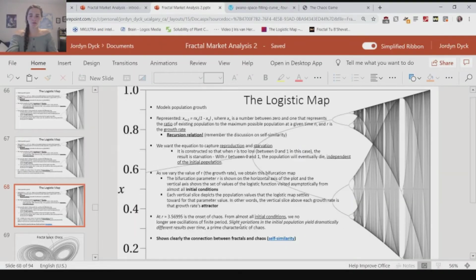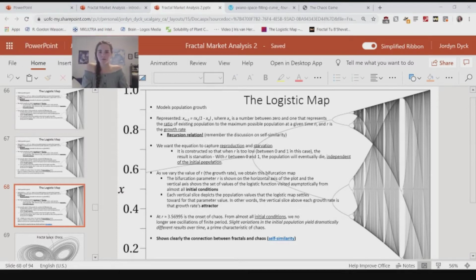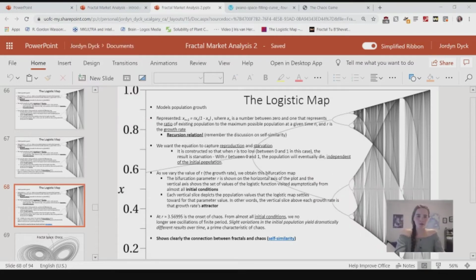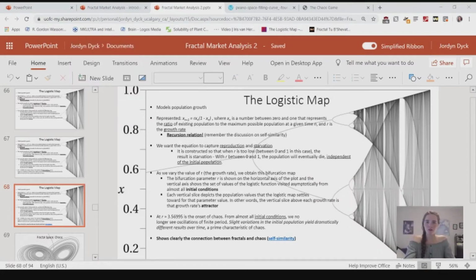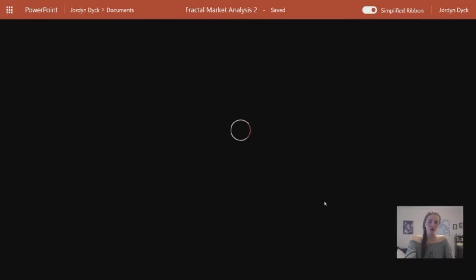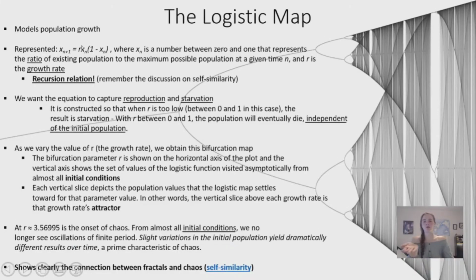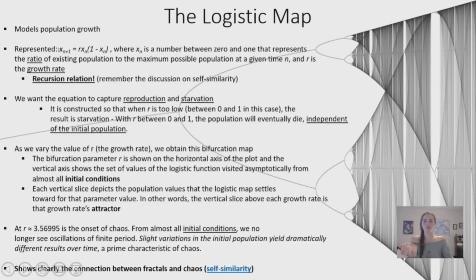So remember when I was describing recursion relations, and let me just change my positioning here. I'll put me down here. So when I was talking about recursion relations, this is defined for the next x. This is how you find the next x after you already have a given x. So you have your x0 and your x1, or you just have your x0.